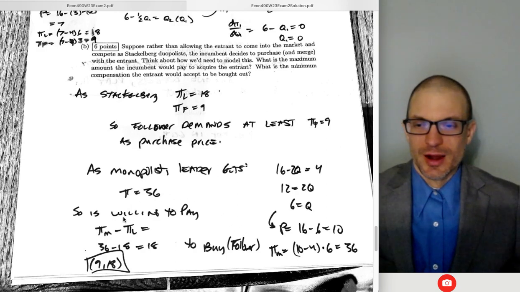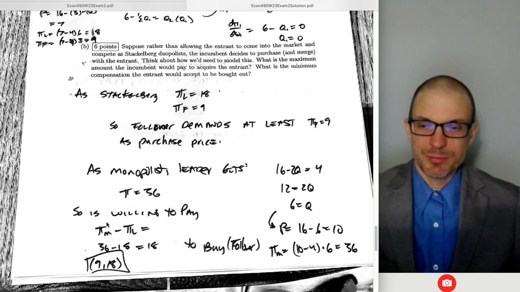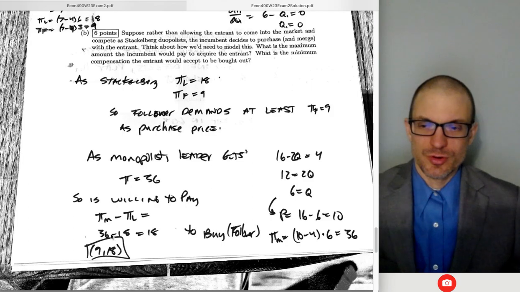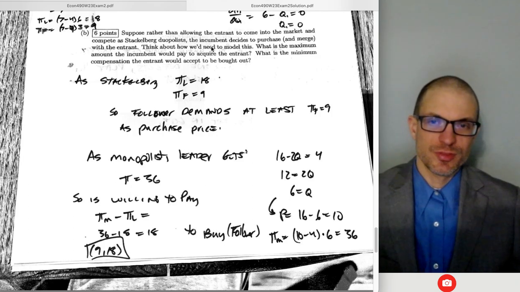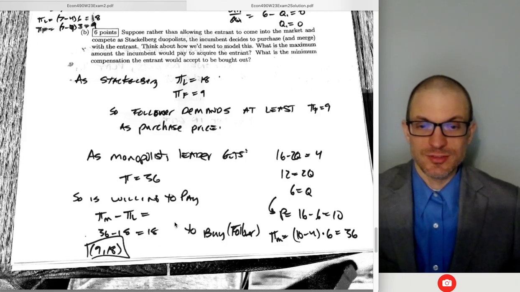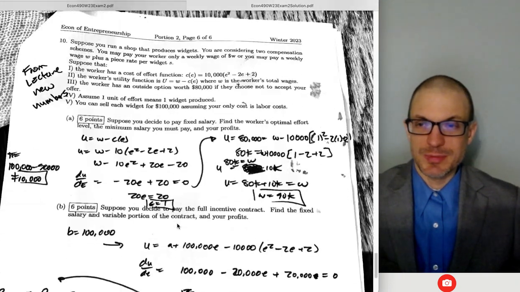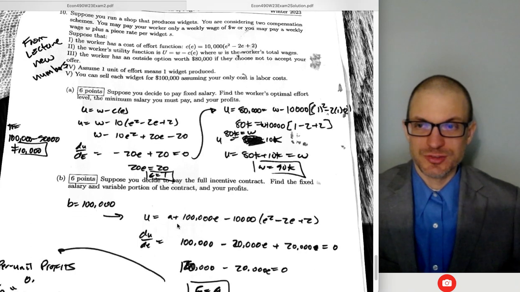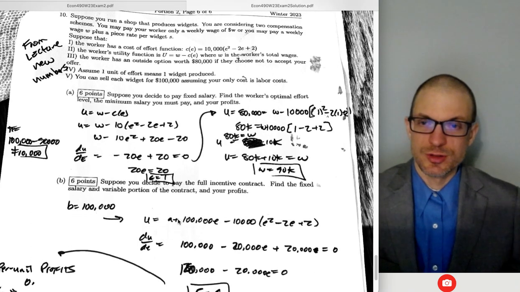So our Stackelberg leader is willing to pay somewhere between the monopoly profits and the Stackelberg leader profits, right? So 36 minus 18, this is where I got that 18 from. At minimum, the Stackelberg follower requires 9. The Stackelberg leader will pay no more than 18. So we know if the leader ends up buying the follower, it'll take place at a price in the interval between 9 and 18. So 9 is fine, they'd be indifferent. 18 is fine, but anything smaller or anything larger, one or the other would complain.